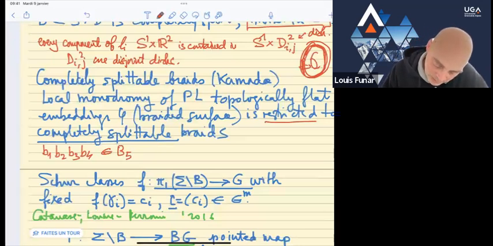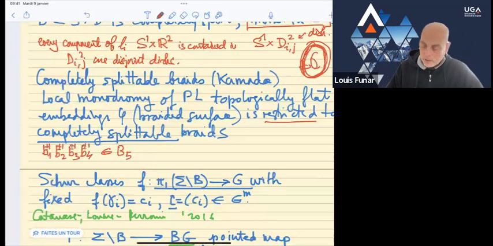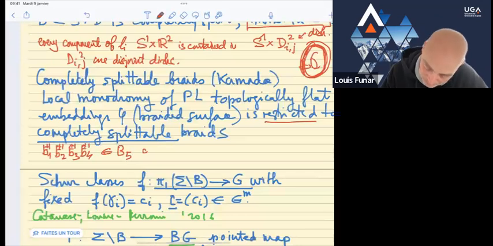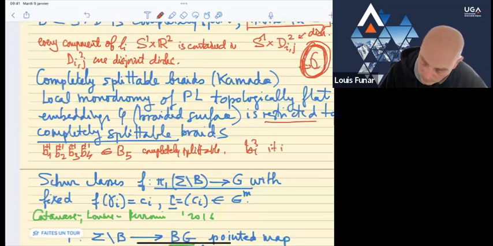And you can do much better. You can put here at any step plus minus one, plus minus one, plus minus one. And these are completely splittable. And for instance, B1 cubed is not. B1 cubed, B2 cubed is not.